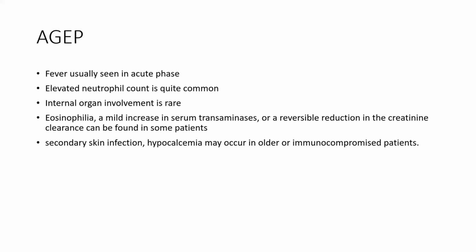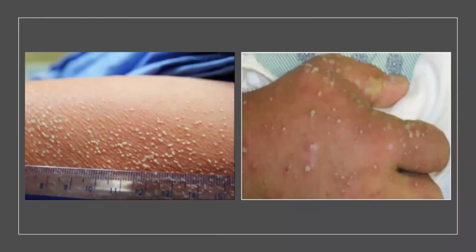Secondary skin infection as well as hypocalcemia may occur in older or immunocompromised patients. So this is what you will see: an eruption of pustules, and they are sterile, so they don't grow anything when you actually culture them.